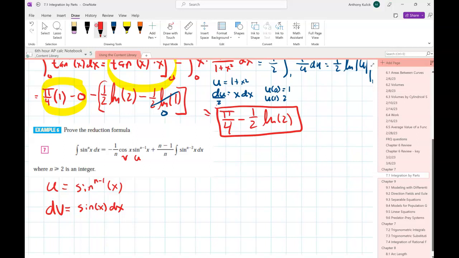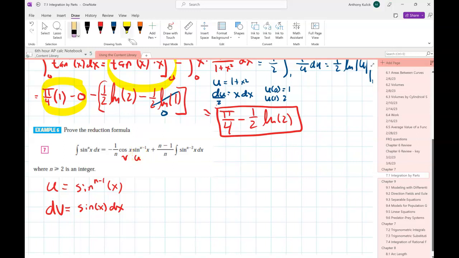I'll think of sine to the n as sine to the n minus 1 times sine, because I see that there's a sine to the n minus 1 here in my u piece. So I know that's got to be my u. Why do you think that has to do with UV?